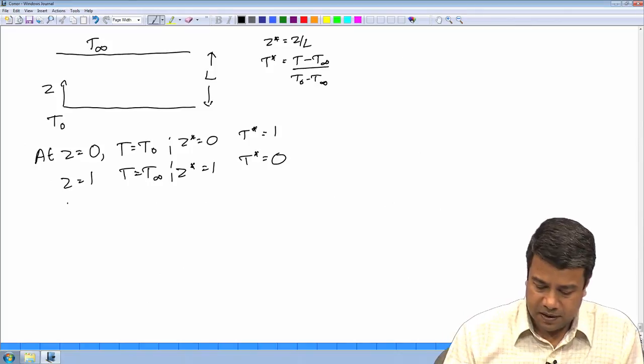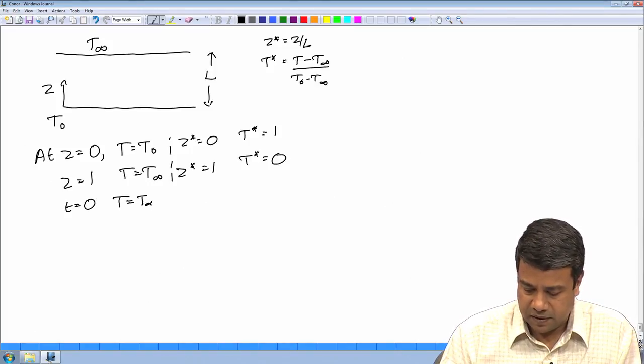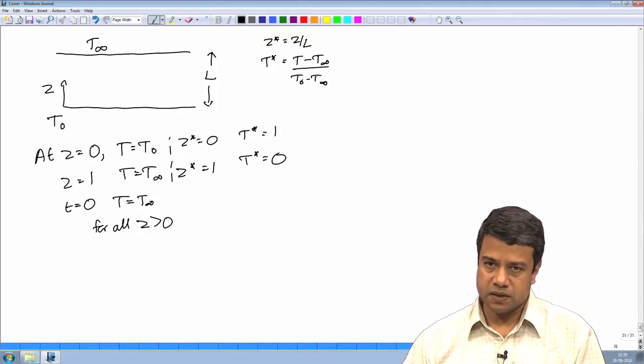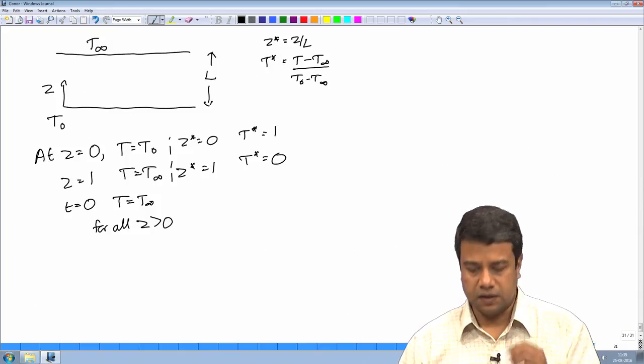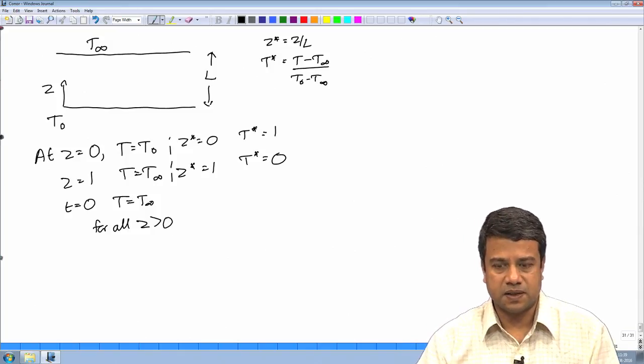And at time t equal to 0, we had T equal to T infinity for all z greater than 0, because t equal to 0 is when we had switched on the heating. At that point, T was equal to T infinity throughout the domain, only the surface was heated.